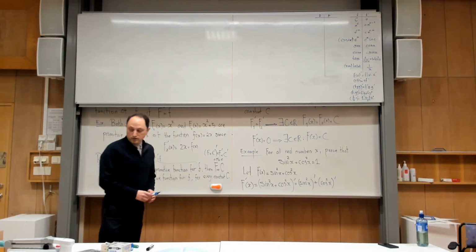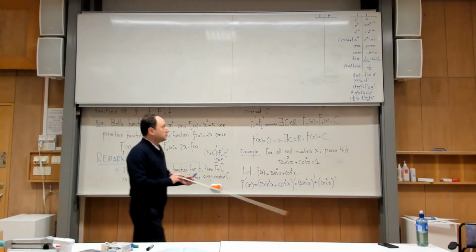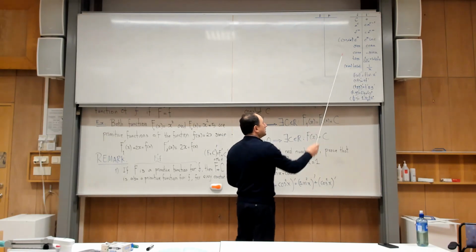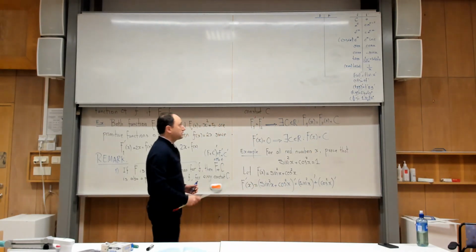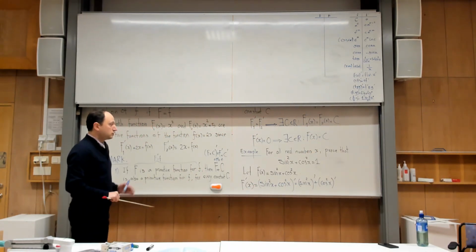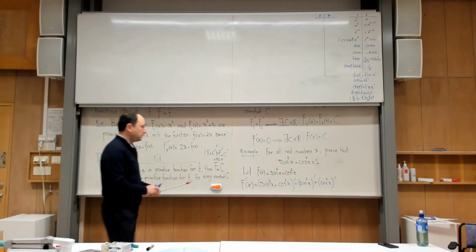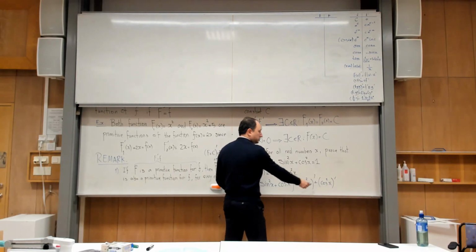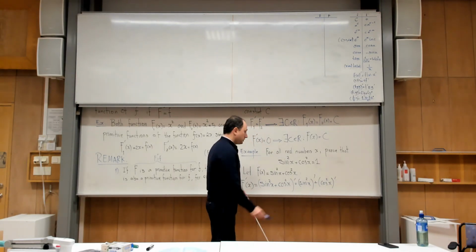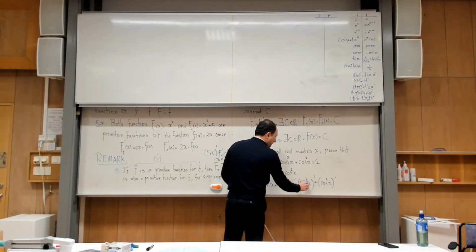I do not have sine squared in my table, I only have sine x. I do not have cosine squared in my table, I have only cosine x. So this means that I have to use the chain rule somehow. For this one I need one chain rule, for that one I need another. For this one, I hope you agree with me, taking this to be u is a good idea.